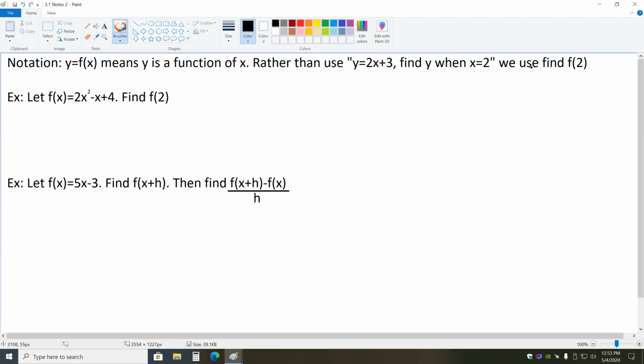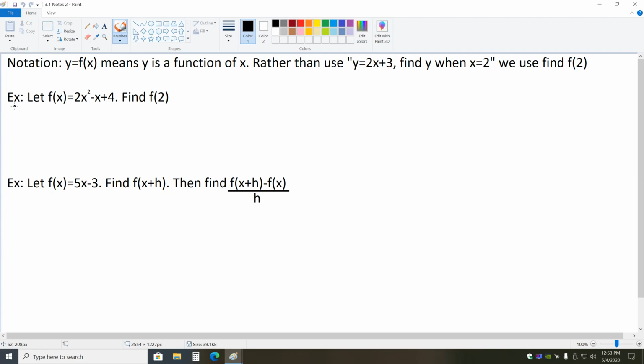So it makes the problems a lot more condensed. As you go through mathematics, you'll find that it's all about shortening the amount of work you need to show, and this is just one of those cases where function notation dramatically shortens the amount of work you'll have to show.